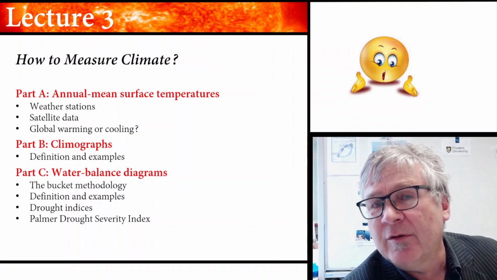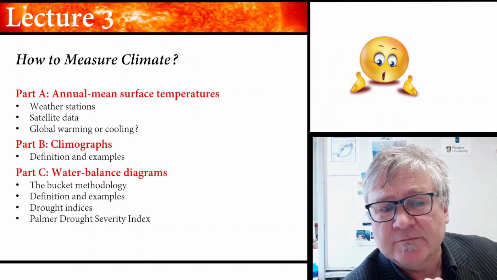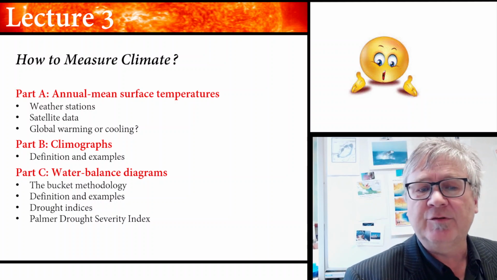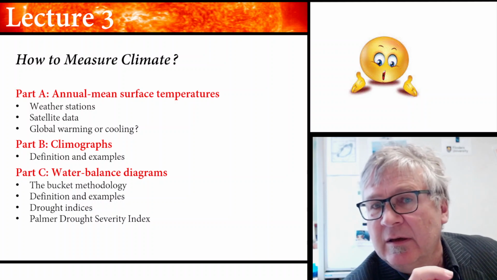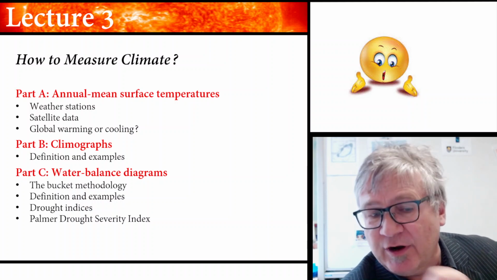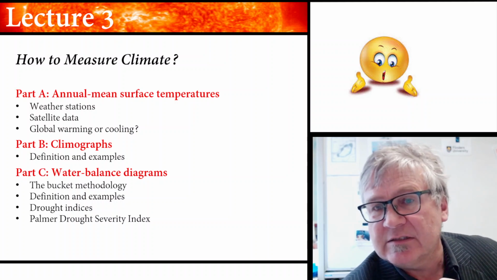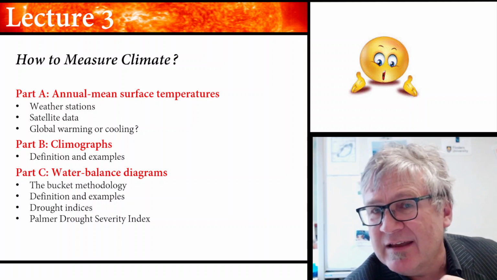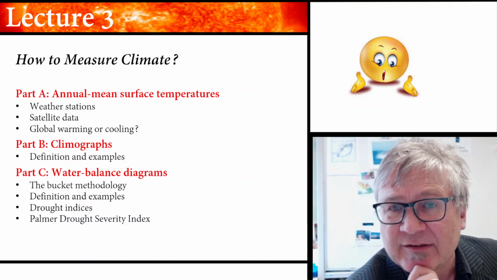It will be a little bit more than only precipitation. We also look at evaporation. So I introduce you to the bucket methodology and show you some examples. But I also introduce you to drought indices like the Palmer Drought Severity Index, which is a very popular index used in the climate sciences.